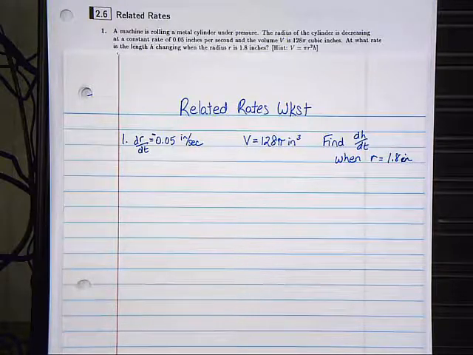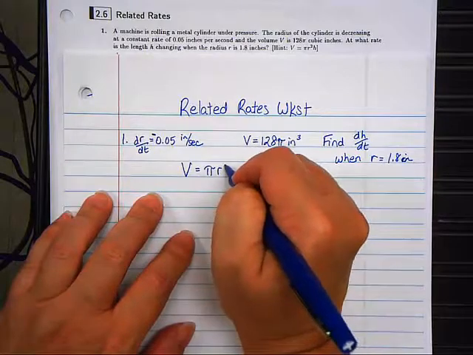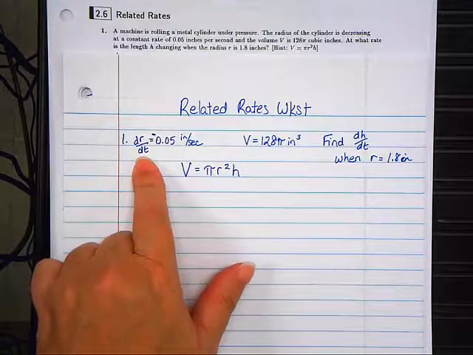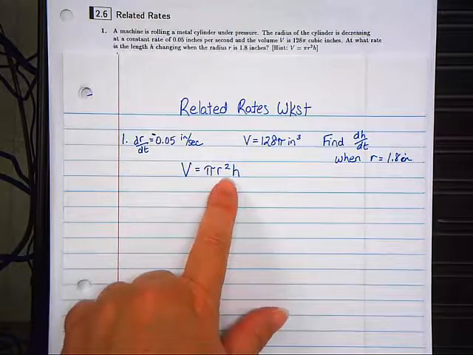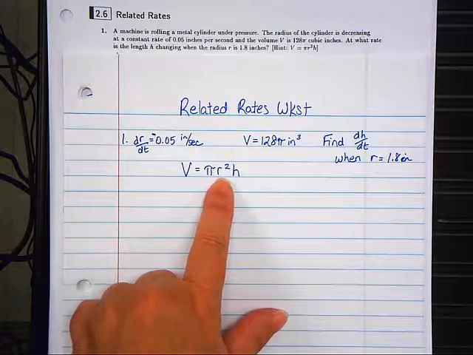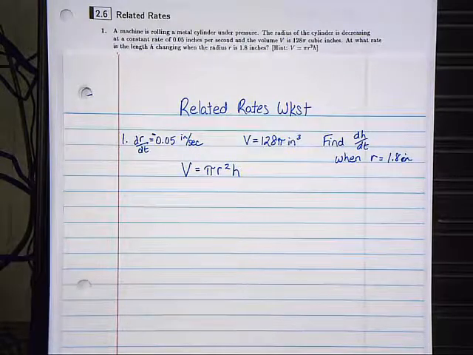The next step is to write your equation. Well, they were nice enough to furnish that for us. V equals pi r squared h. Now, this one gives me v and we're finding dh dt. We're going to take the derivative of this using the product rule, like we did a minute ago. And I know what you're going to ask me: if v is staying constant, do you take the derivative of v?